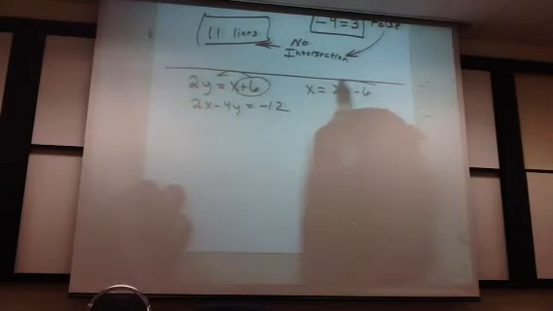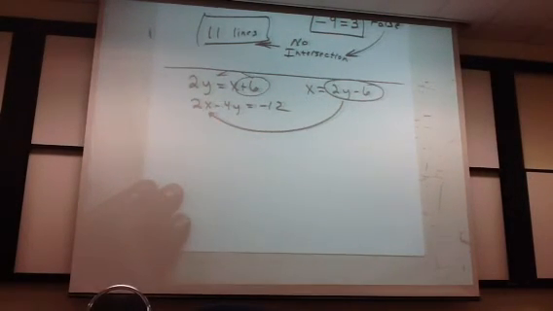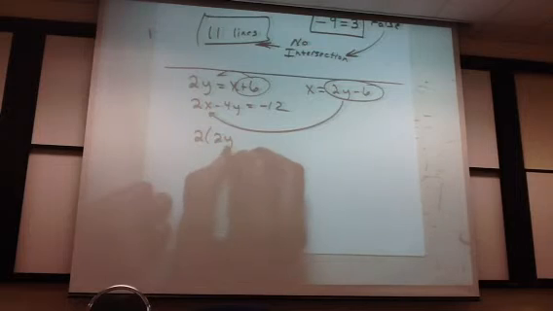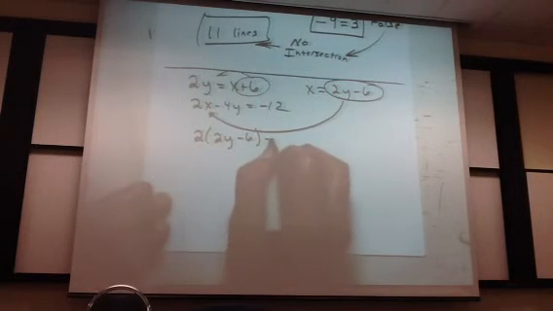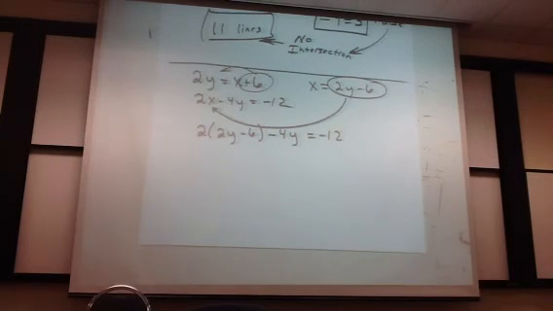That means everywhere in the other equation, I have an x, I'm going to substitute 2y minus 6. And it's going to look like that.